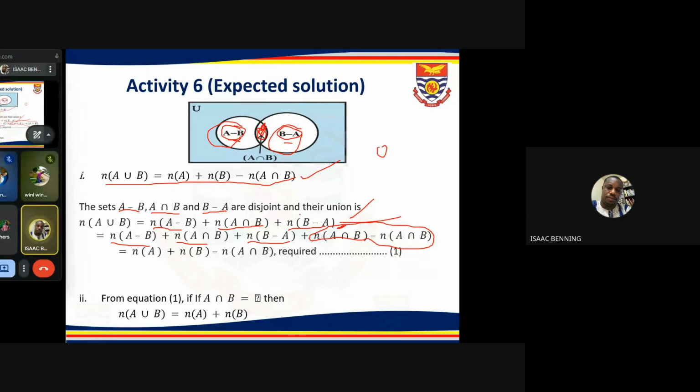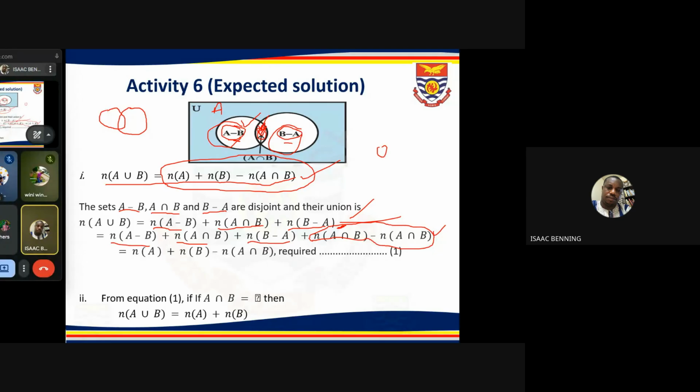But because we want to reach this formula, putting this identity here is very useful. Therefore, from here, we have to manipulate it. Do you agree with me that the elements here plus the elements here will give us A?